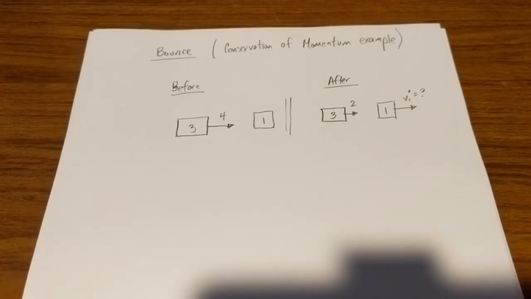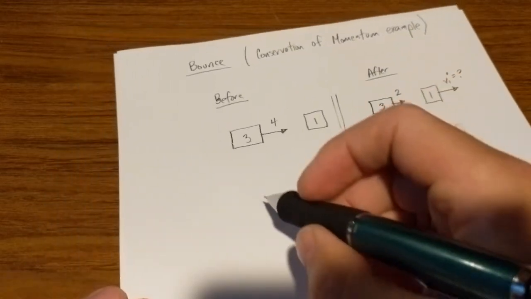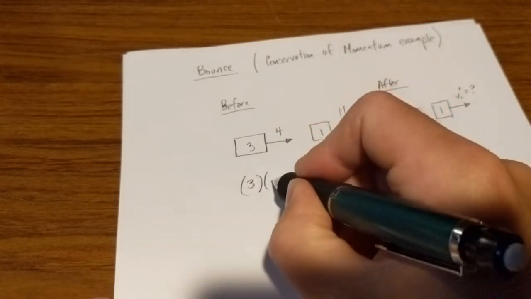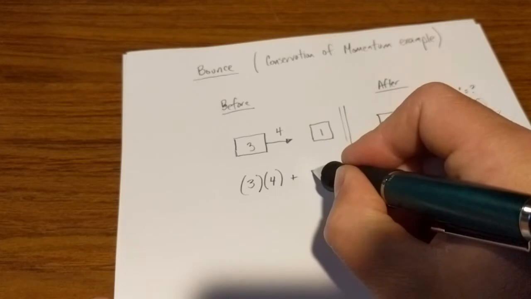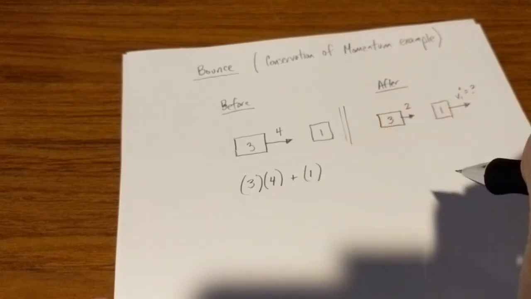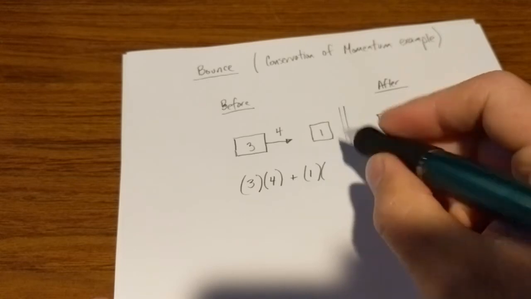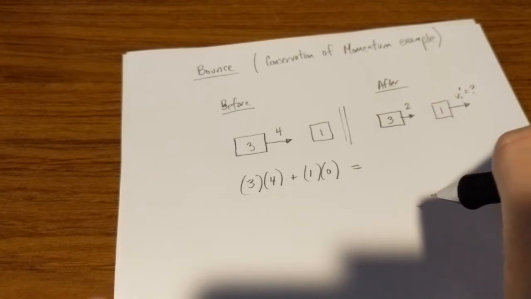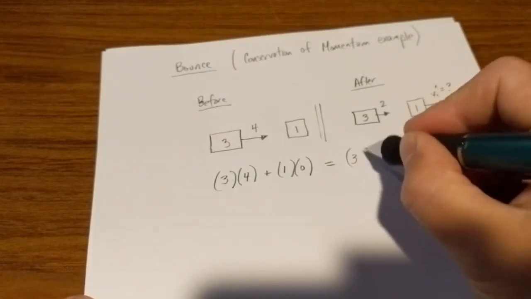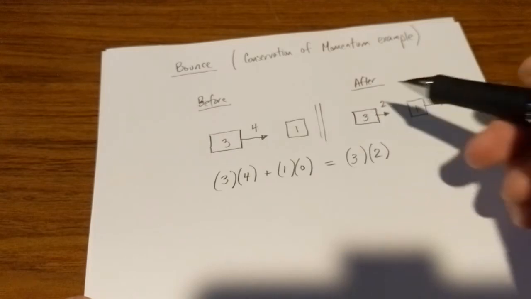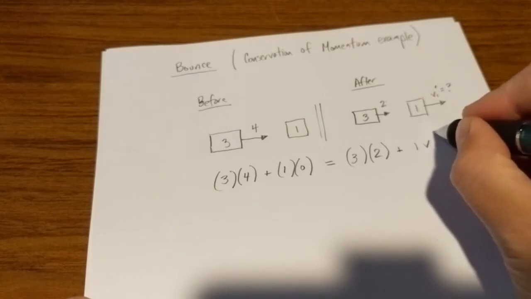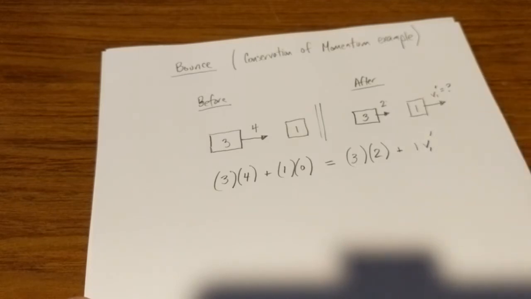In order to use the conservation of momentum, we should add up the momenta of all of the objects in the before state. So what we'll write is mass 1, which is 3, times v1, which is 4, plus mass 2, which is 1, times v before for that mass, which is 0, has to be equal to, by conservation of momentum, 3 times 2, that is this mv after, plus 1 times the unknown, which is the final velocity of mass called 1.